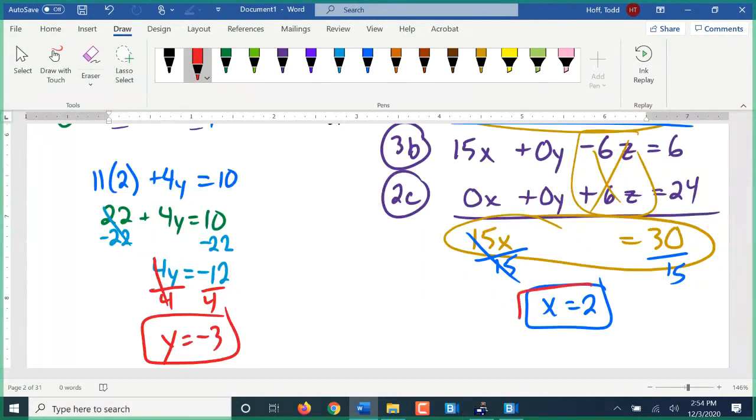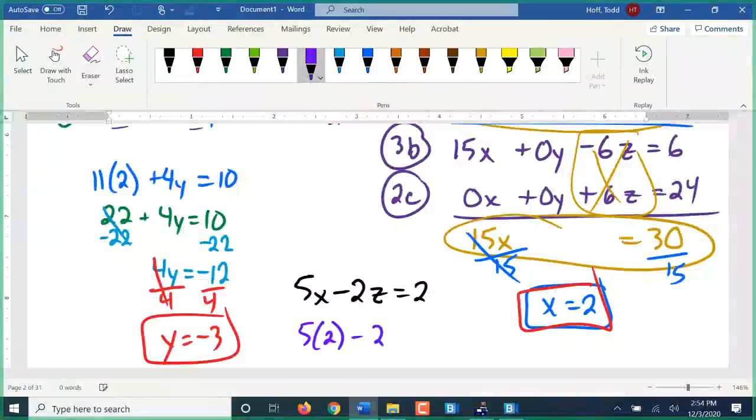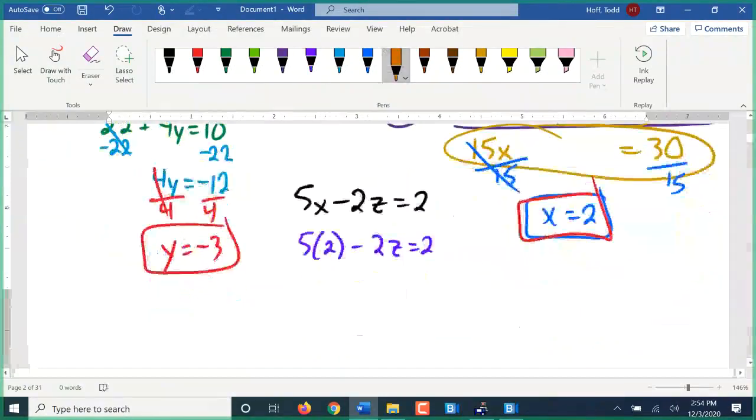Now I still need to find z. I have to go back to one of my original equations. Well, it's kind of silly because 3z equals 12, so I know z equals 4. But let's use the 5x minus 2z equals 2. And we'll put in the 2 for x. So 5 times 2 minus 2z equals 2. 5 times 2 is 10.